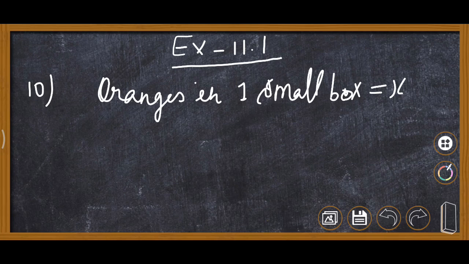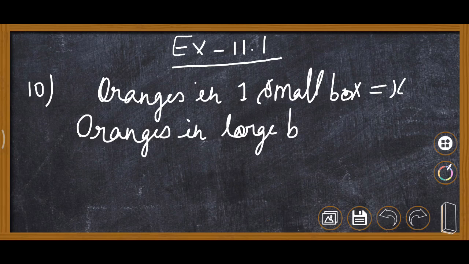Now the large box fills two smaller boxes, and still 10 oranges are left. So we will write oranges in large box: two small boxes are filled, means 2x, and 10 are left, so 2x plus 10. This is the quantity of oranges in the large box.